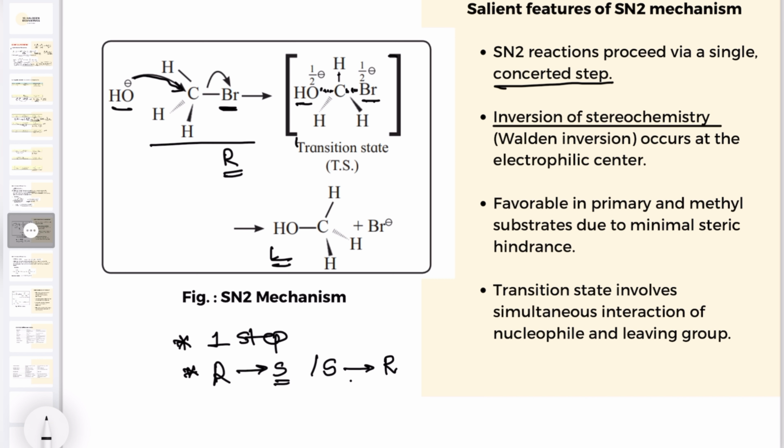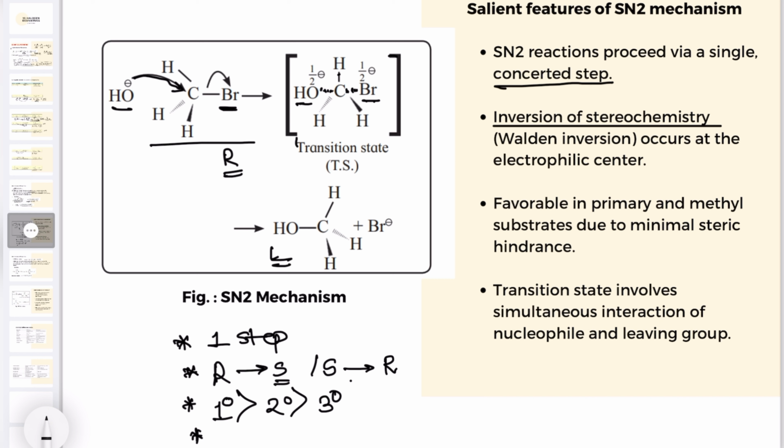The next feature is that it is favorable in primary and methyl substrates due to minimal steric hindrance. This reaction always goes easiest with primary, then secondary and then tertiary substrate. Then next is the transition state involvement. Simultaneous interaction of nucleophile and leaving group takes place.